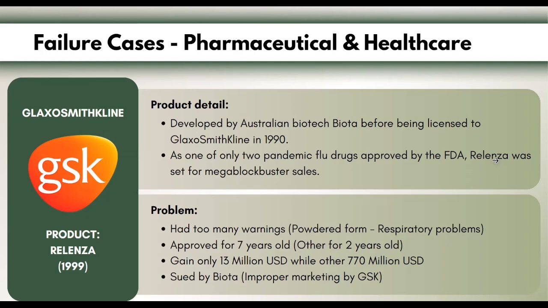One of them was that it had too many warnings and side effects. For example, it is produced in powder form, which caused respiratory problems. It was also approved only for ages 7 and older, while the other product, Tamiflu, can be consumed by children as young as 2. And the third problem was that it gained only 13 million USD, while the other company gained 770 million USD.